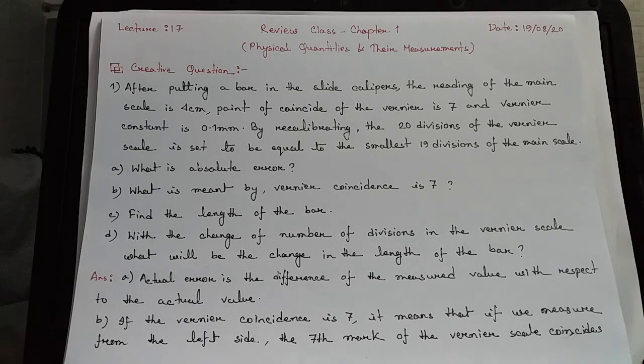So what is the answer of question A? What is absolute error? Absolute error is the difference of the measured value from its actual value.